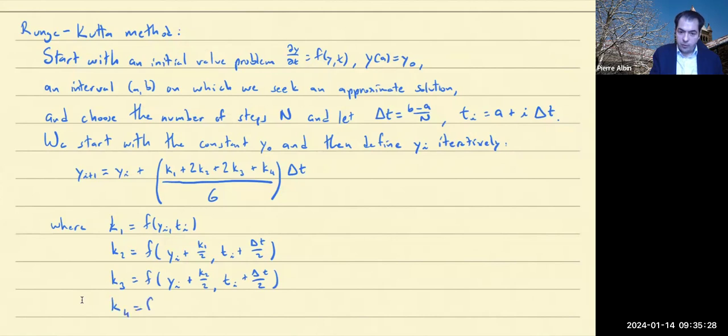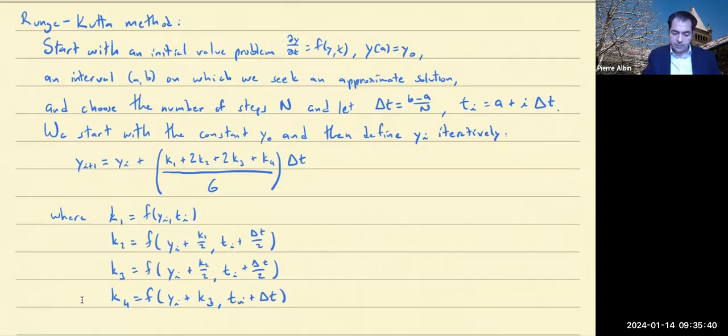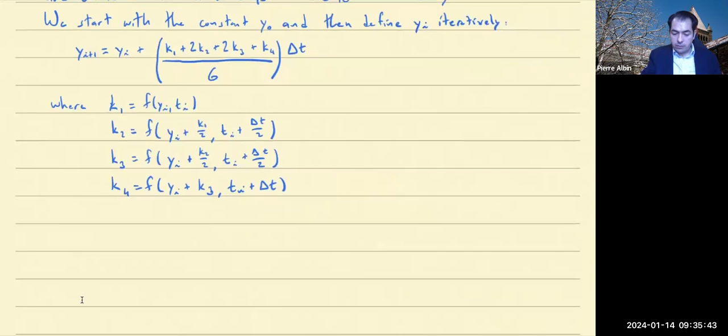And finally, K4 is f of y_i plus K3, t_i plus delta t. Okay, so you pick these four slopes, and you take this weighted average of them, and that's how you update y_{i+1}.